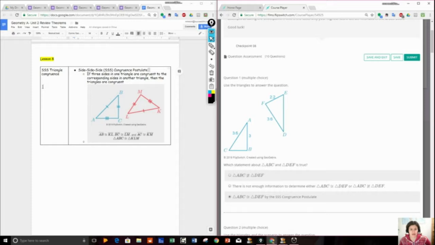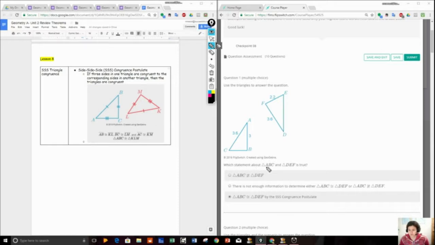So I'm going to look at Lesson 8's notes and see what is the side-side-side congruence postulate. And it says if three sides in one triangle are congruent to the corresponding sides in another triangle, then the triangles are congruent. Okay. So what are corresponding sides? That means they're the sides that match up.